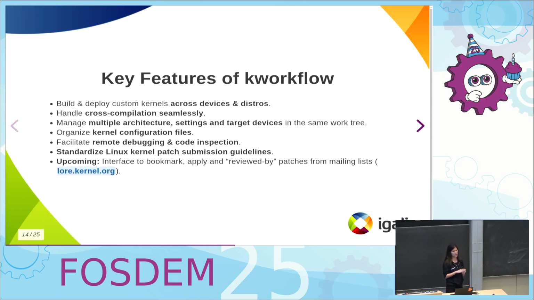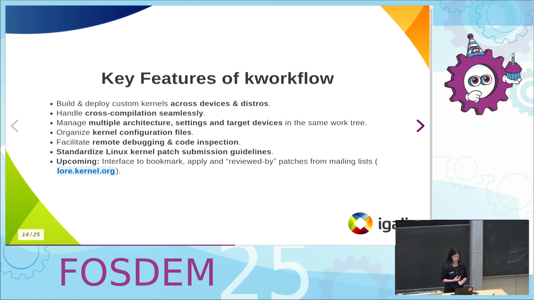What are the key features of Kworkflow? We have many, but I think these are the most important ones. You can build and deploy a custom kernel across devices and distributions, handle cross-compilation seamlessly, manage multiple architecture settings and target devices in the same worktree, and organize kernel configuration files. It facilitates remote debugging and code inspection.